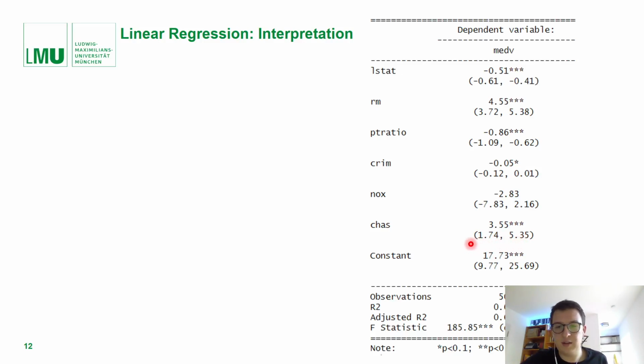So for this variable, our coefficient, which is highly significant, is 3.5, and the confidence interval ranges from 1.7 to 5.3, which means if we would repeat our model estimation 100 times, because this is the 95% confidence interval, the true population parameter would be included in this confidence interval 95 times.